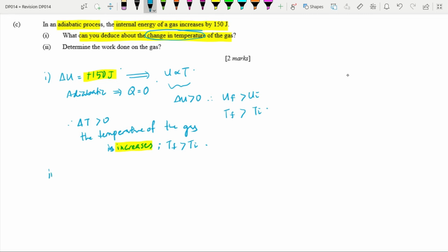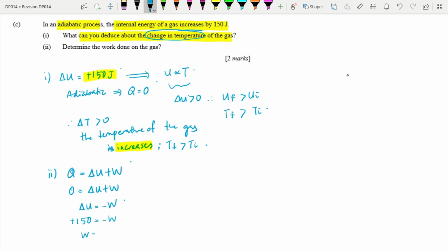And then, for second, determine the work done on the gas. So, this is first law of thermodynamics. Make sure you write down the first law of thermodynamics punya equation. So, when Q is 0, your delta U is equals to negative W. So now your delta U is 150 joule.